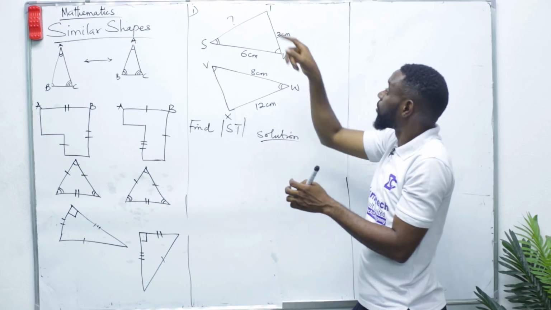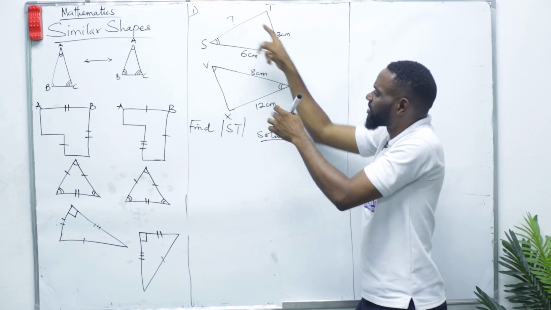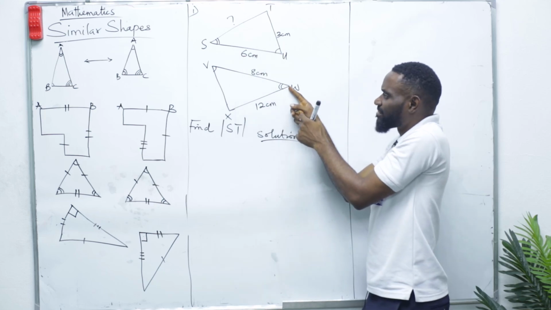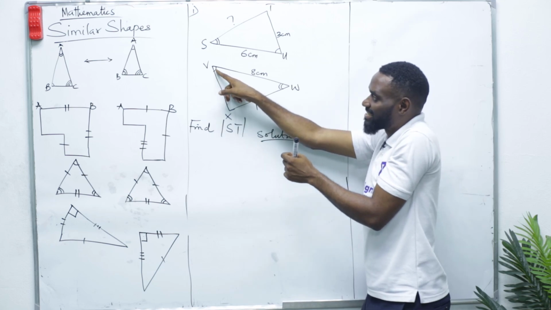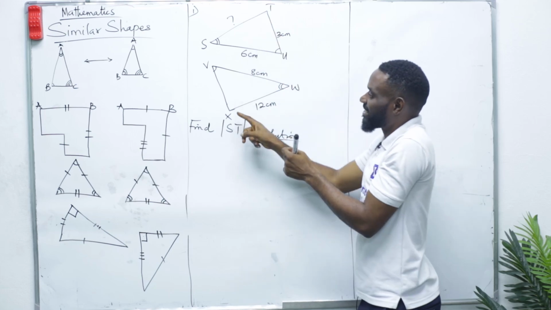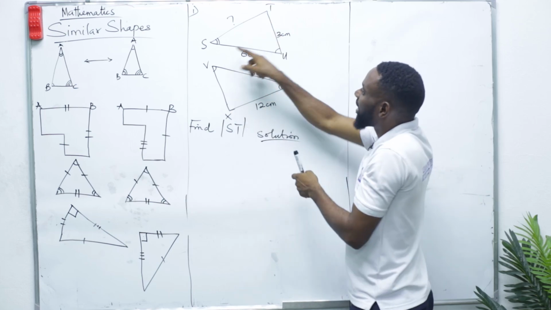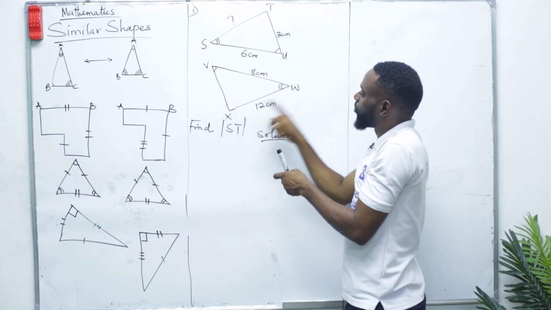Do you understand the point? Now look at this angle. What corresponds to this side is from this W to X. But because this side is labeled, this side is here, this side is here. Do you understand? So ST is in the ratio of WX.